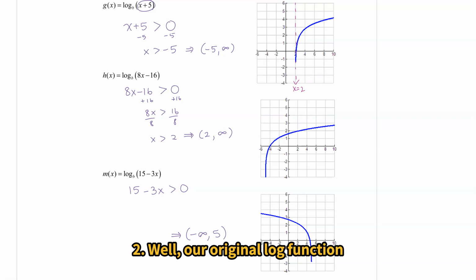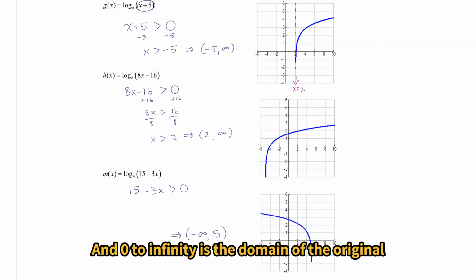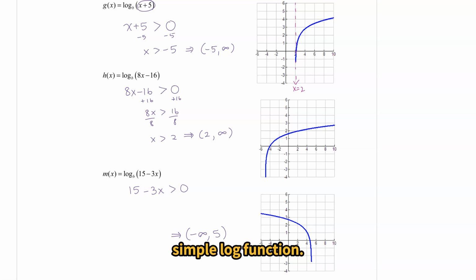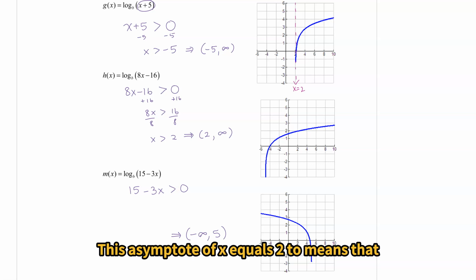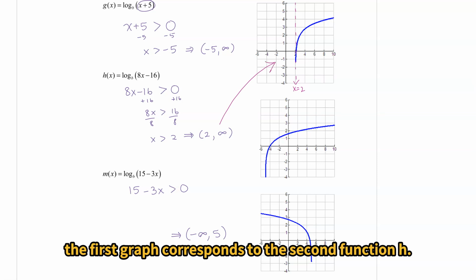Well, our original log function has an asymptote at x equals 0, and 0 to infinity is the domain of the original simple log function. This asymptote of x equals 2 means that the first graph corresponds to the second function h.